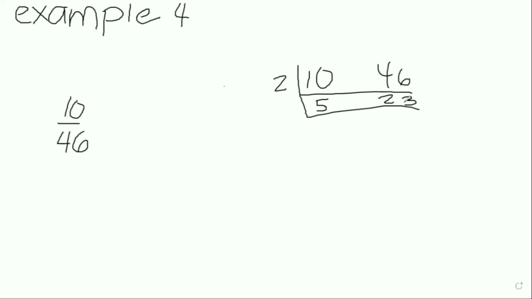Is there any other common factor of 5 and 23 beside 1? The answer is none. So therefore, the GCF of 10 and 46 is 2. So let's divide 10 and 46 by 2. 10 divided by 2 equals 5, and then 23. Therefore, the lowest term of 10/46 is 5/23.